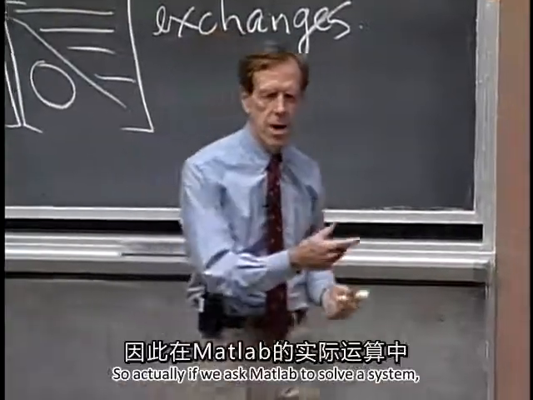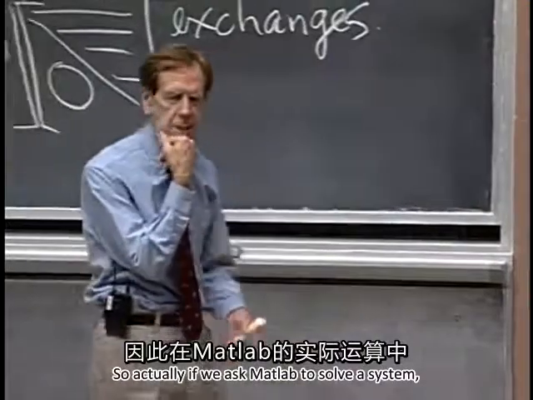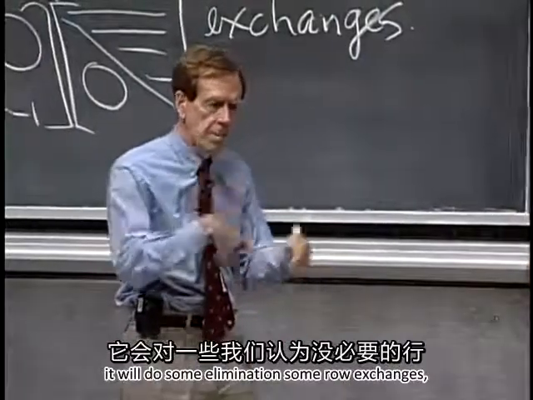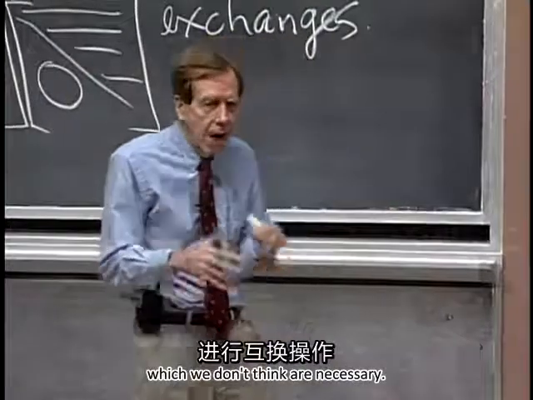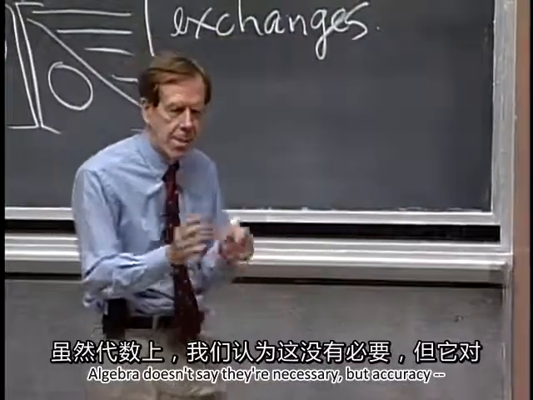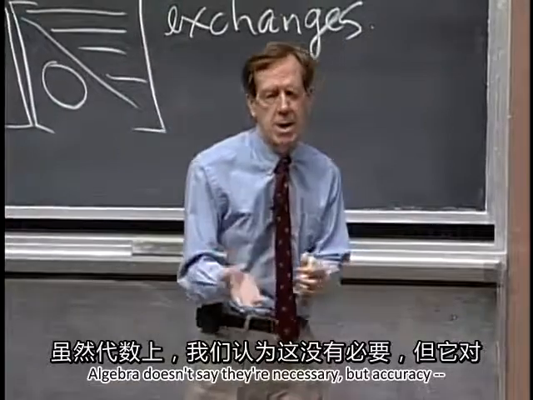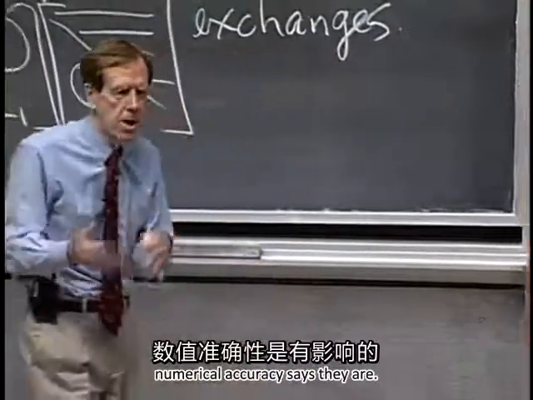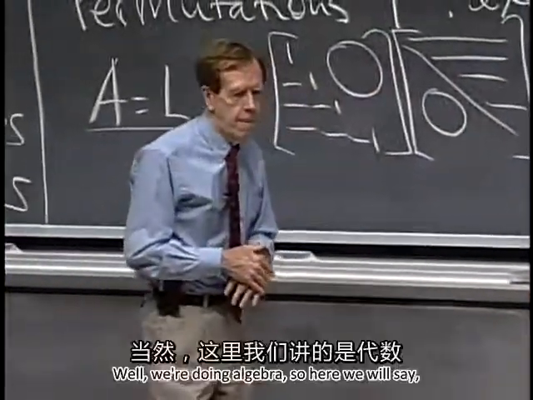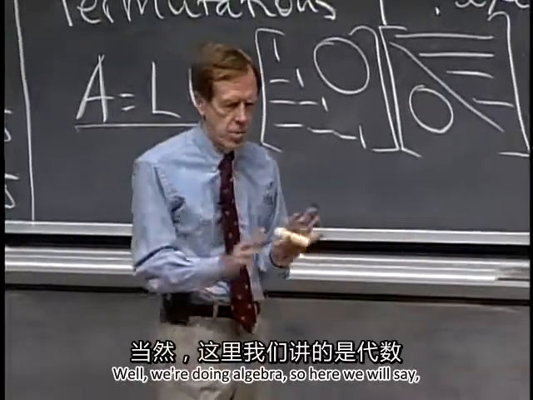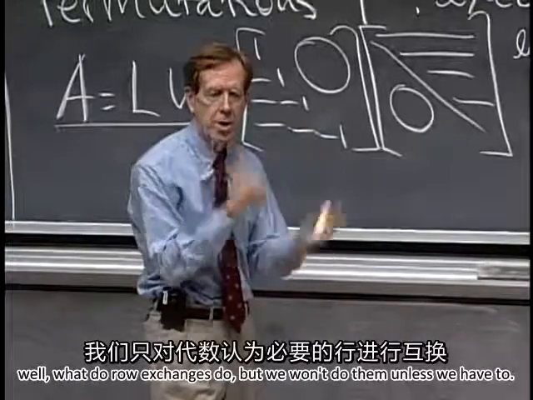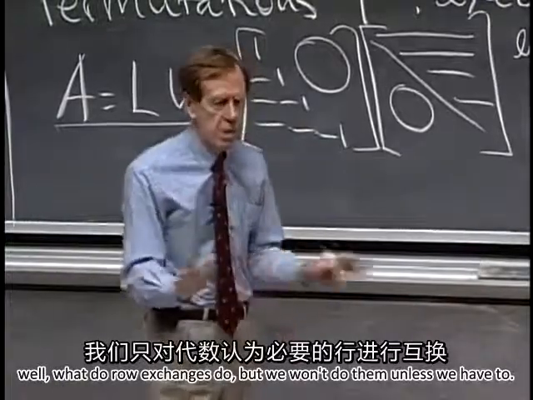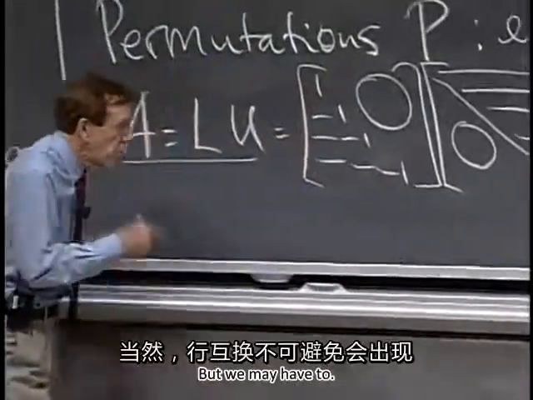So actually, if we ask MATLAB to solve a system, it will do some elimination, some row exchanges, which we don't think are necessary. Algebra doesn't say they're necessary, but numerical accuracy says they are. Well, we're doing algebra. So here we will say, well, what do row exchanges do? But we won't do them unless we have to. But we may have to.